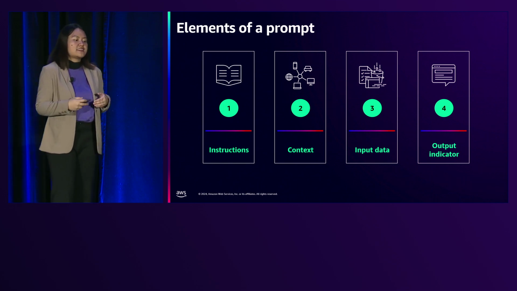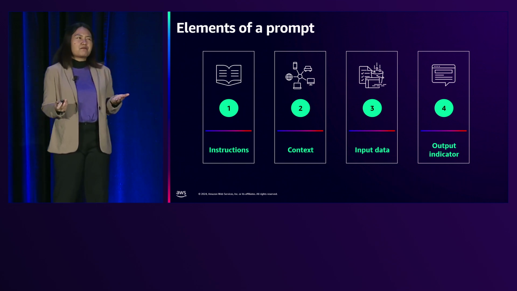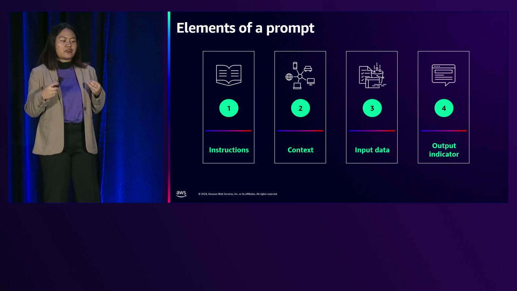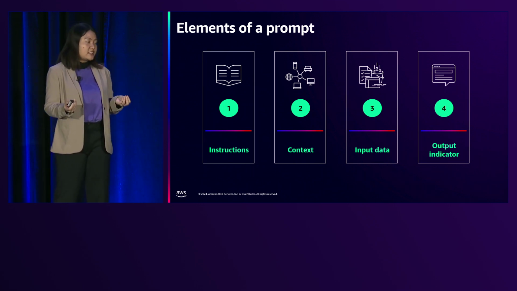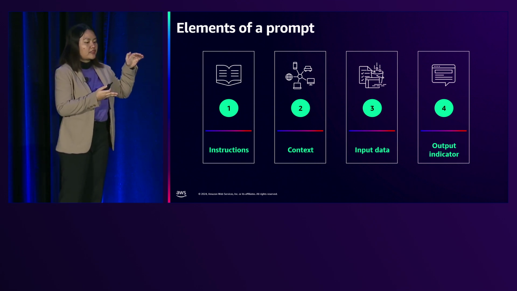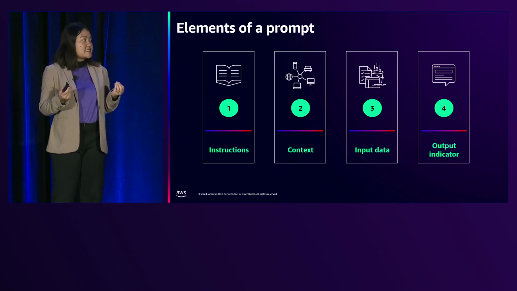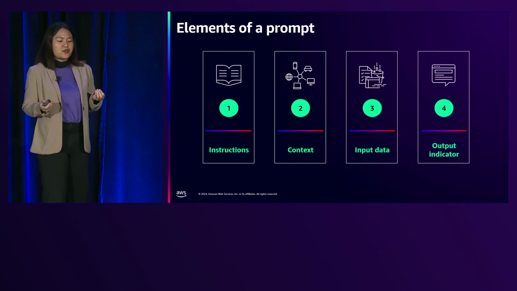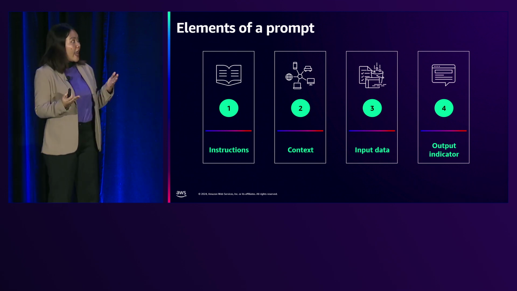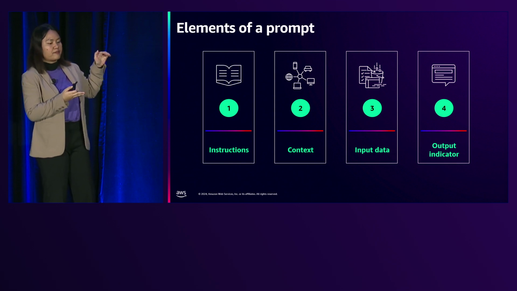The second one is that you can also provide context. For example, I want to generate an email or a report, so you provide the context for the report inside your prompt. The next one is that you can also add some input data. If you need to influence the output, you can add additional information as input data inside your prompt.